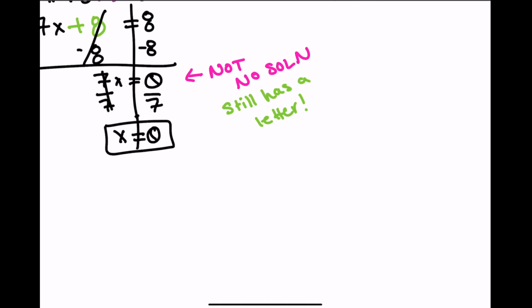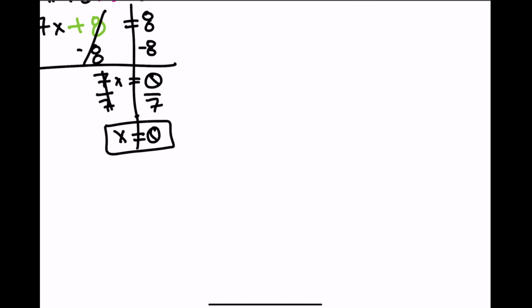But if you do some type of math, and I'm just going to make a little side note here. If you end up with something like 0y equals 7, okay? This 0 means 0 times y. 0 times any number is 0, no matter what. I don't care if there's a letter. 0 times anything is 0.